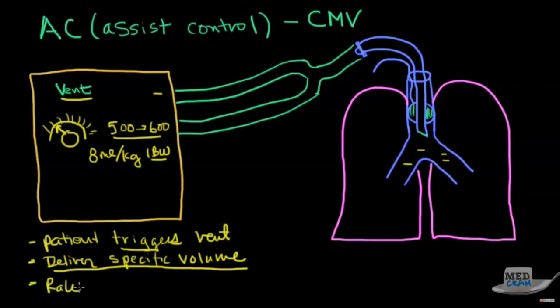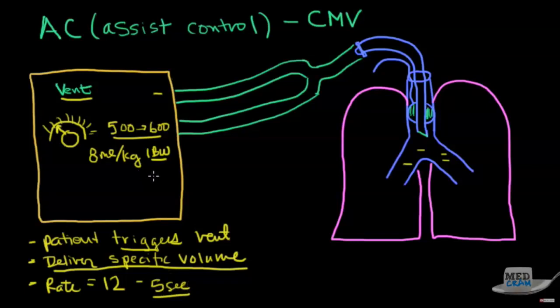You could also set up a backup mode or a rate. What does that mean? If I set the rate to, for instance, 12, because there are 12 5-second intervals in 1 minute, that means every 5 seconds, the ventilator will give a breath to the patient of a specific volume every 5 seconds, only if the patient does not take a breath.